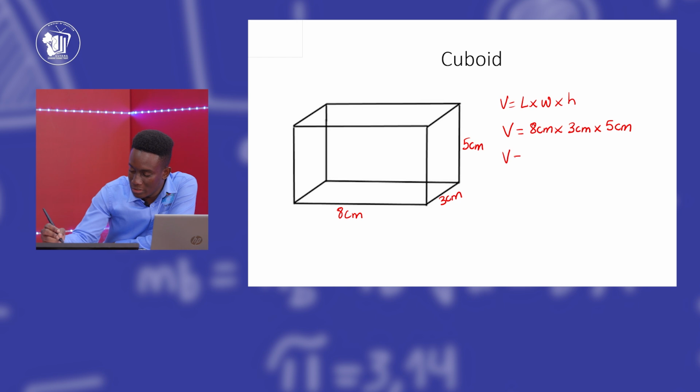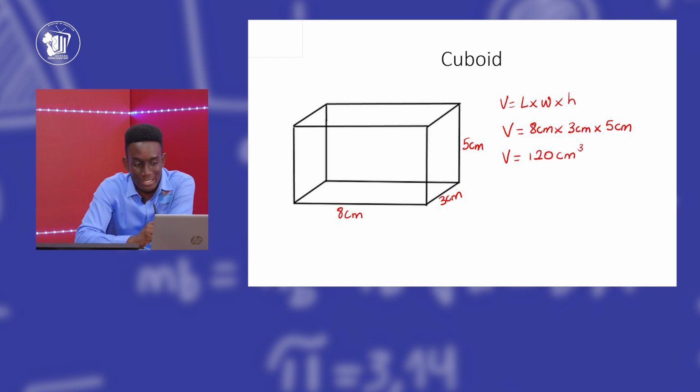So the volume will be equal to 8 multiplied by 3 multiplied by 5, which gives us 120 cm cubed. And that is how you calculate the volume of a cuboid.